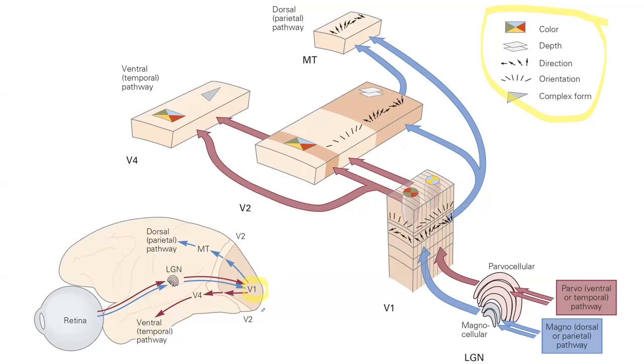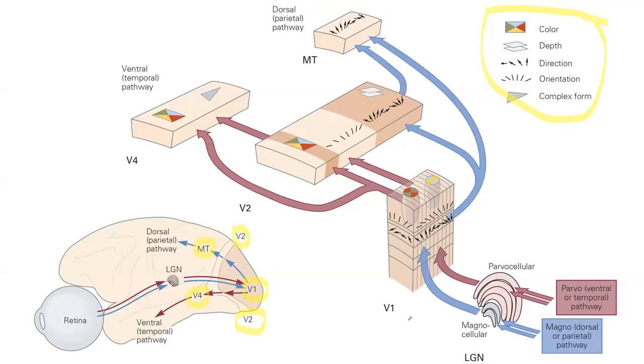We have V2, which is not small, so it actually reaches the other side up here. We have MT in the parietal lobe and V4 on the way to the temporal lobe. Now, these same areas can be found in the upper part of this image, except they are not topologically shown.